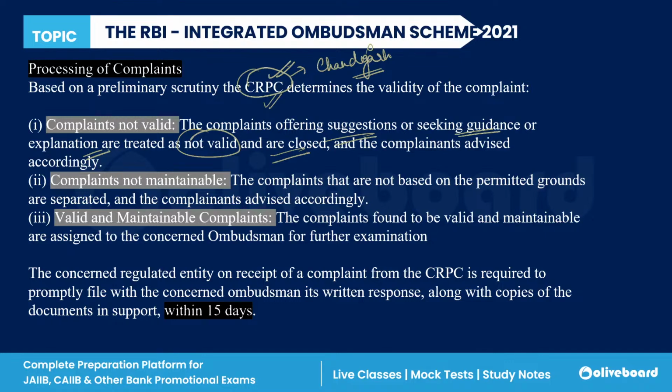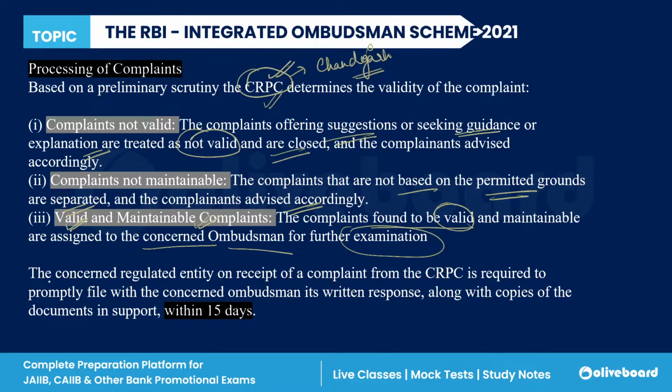Second, complaints which are not maintainable, that is, not based on permitted grounds, are rejected and the complainant is advised accordingly. Now a valid complaint is one which is in the form of a complaint and is maintainable, meaning it is under the scope of the ombudsman. Such complaints are assigned to the concerned ombudsman for further examination.